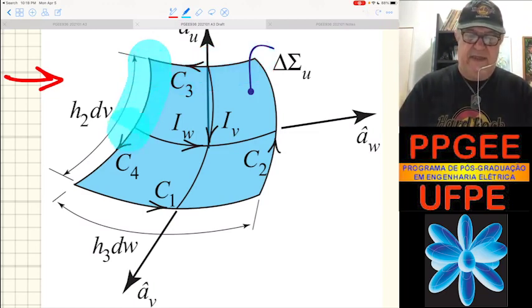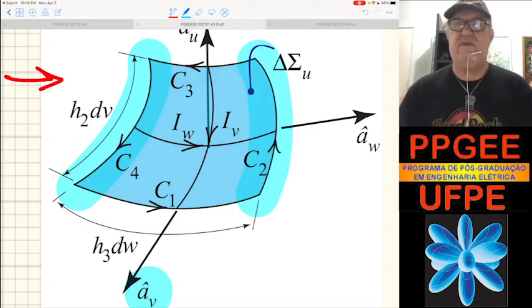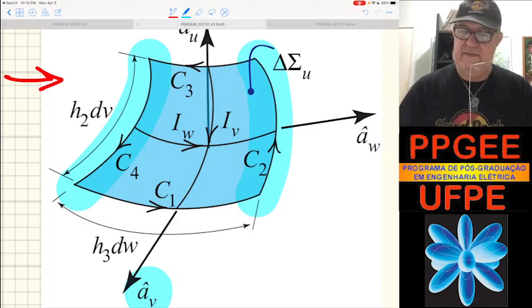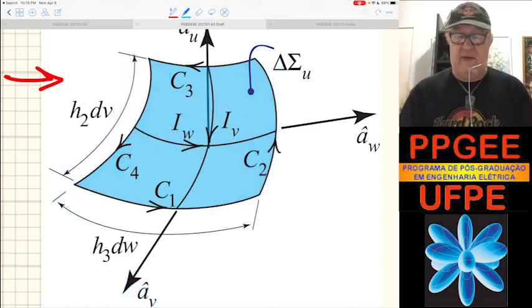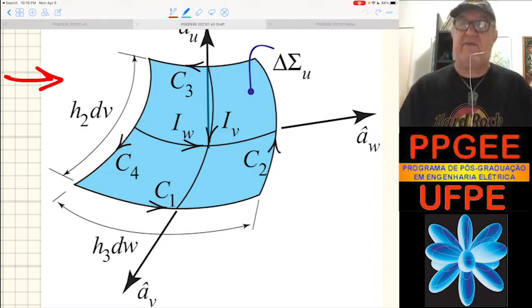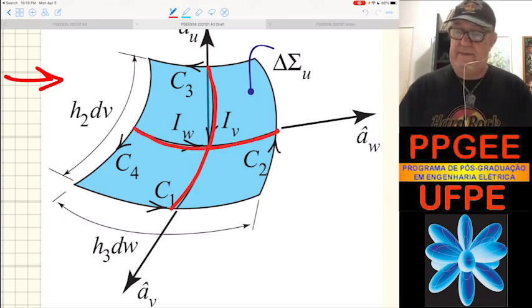C4 goes towards increasing AV, and C2 goes to the other direction, okay? What we're going to do is, again, we're going to calculate integrals along those intermediate segments here. IV, which is increasing V here, and IW, which is increasing W, right?